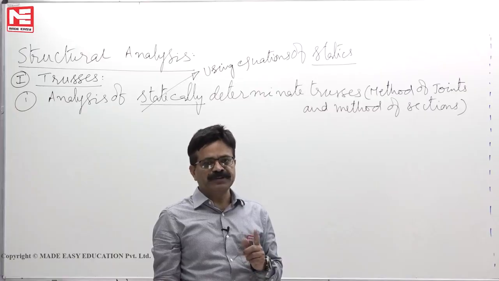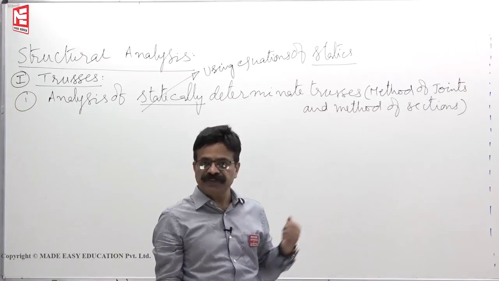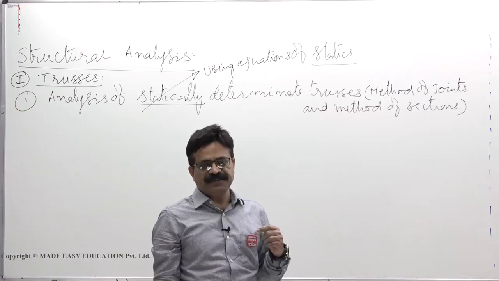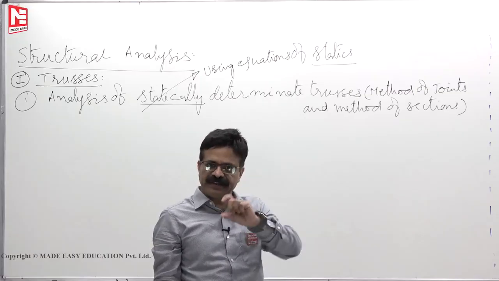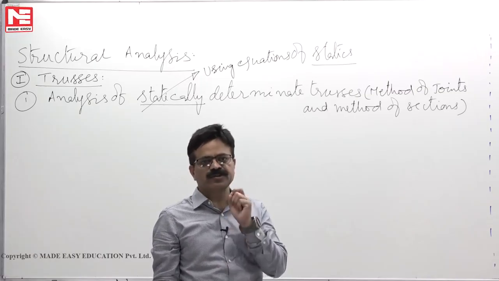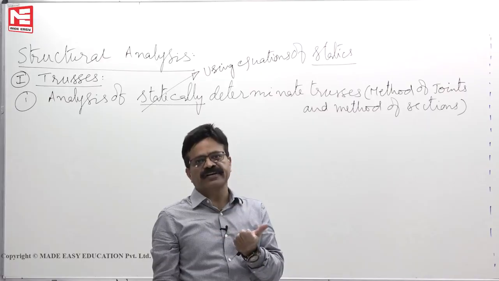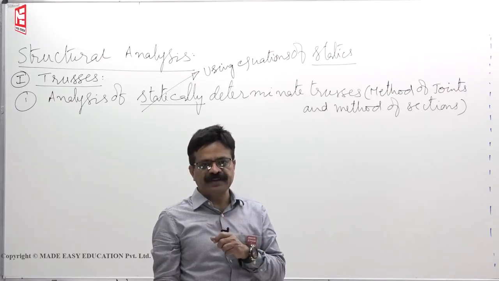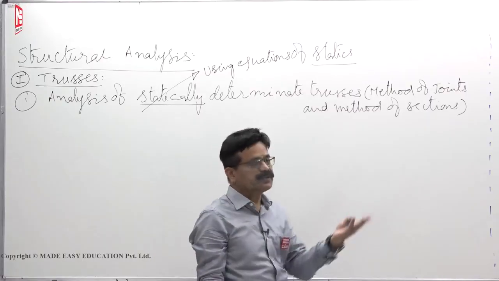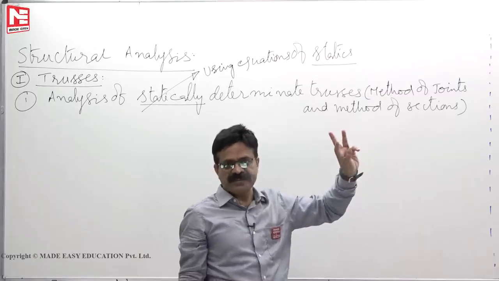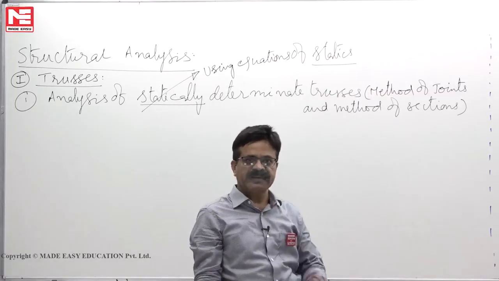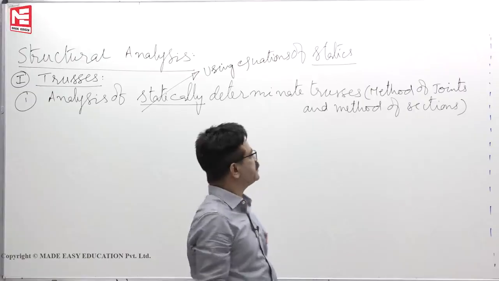That method of members you use for the analysis of frames. Analysis of frames means frames where intermediate loading on the members is also there, then you cannot call it a truss, it becomes a frame. So for analysis of frames, you have another method called method of members. Engineering mechanics discusses the method of members.